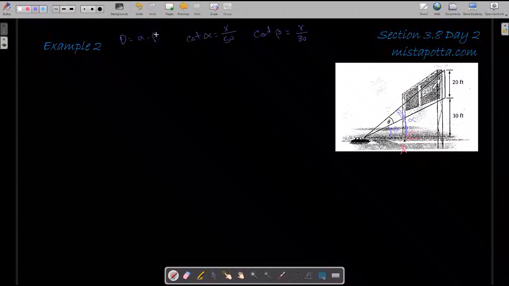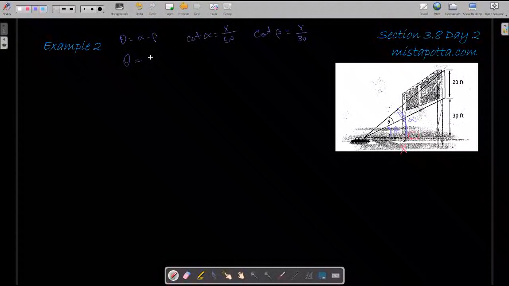But theta is the difference in this. So I know that theta is going to be alpha minus beta.